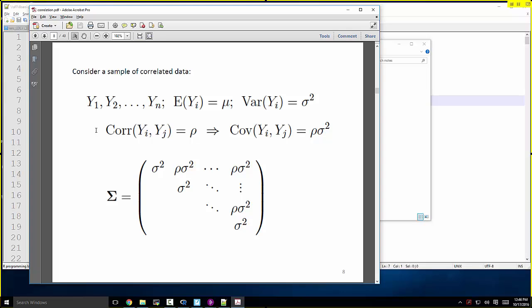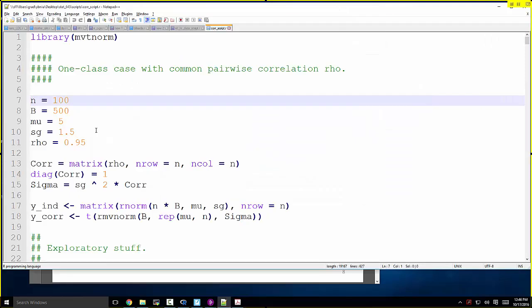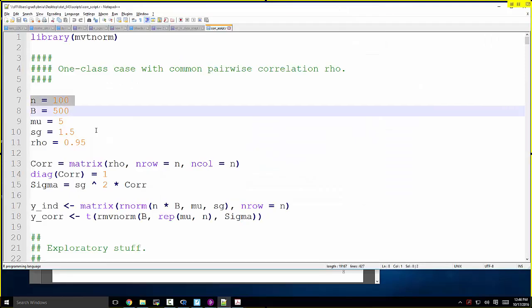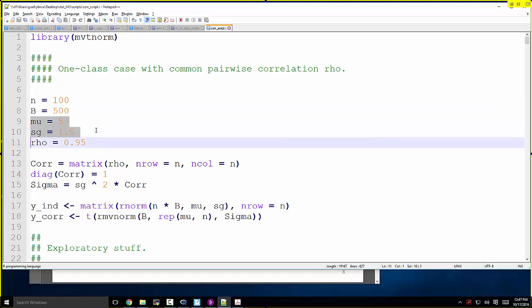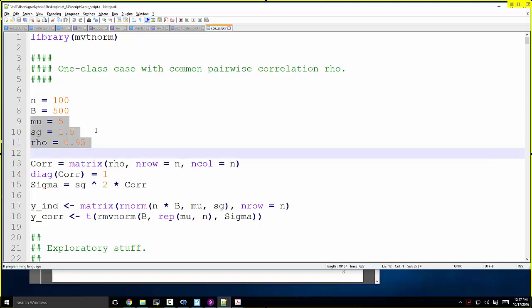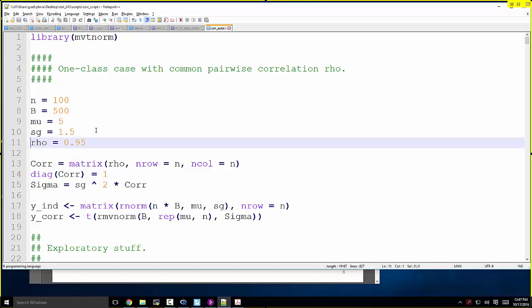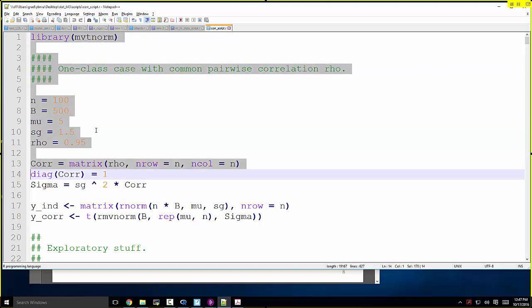Back to the script, we're going to simulate from that scenario. Our n is 100. Our mean is 5. Our standard deviation is 1.5. And the common pairwise correlation is 0.95. We could fiddle with these numbers and rerun the simulation to see the effects of changing those parameters. But for these, let's generate some data.